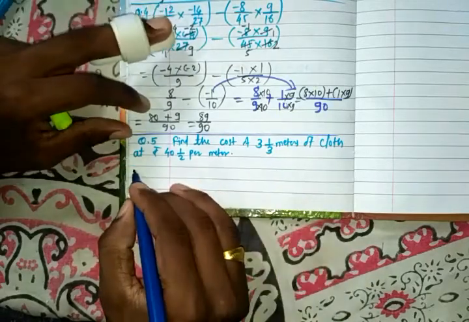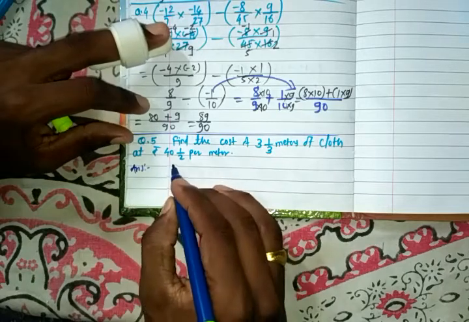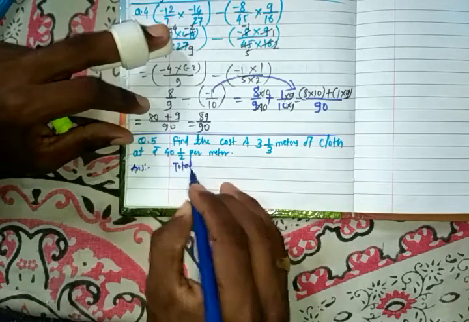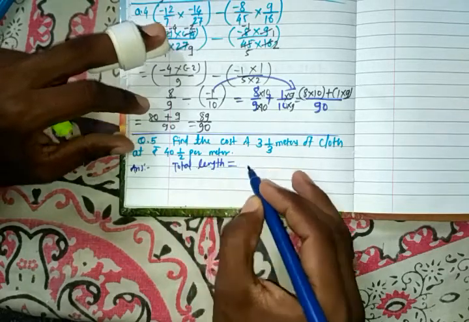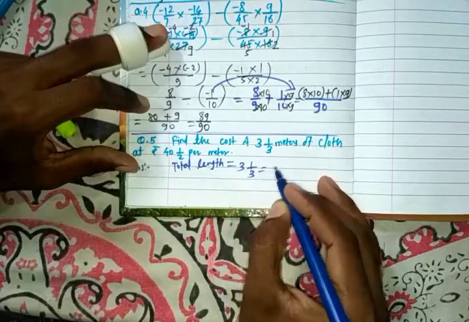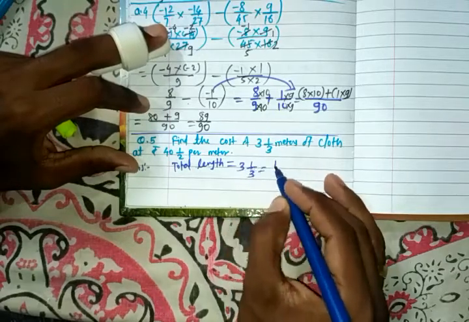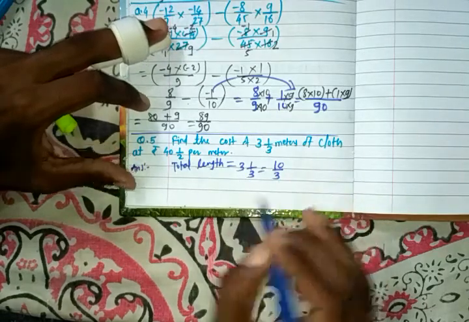So first we will convert. Total length is equal to 3 1 by 3. So 3 threes are 9, 9 plus 1 is 10, 10 by 3. You know very well how to convert mixed to improper.